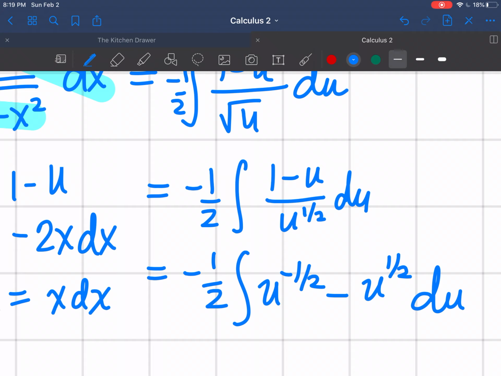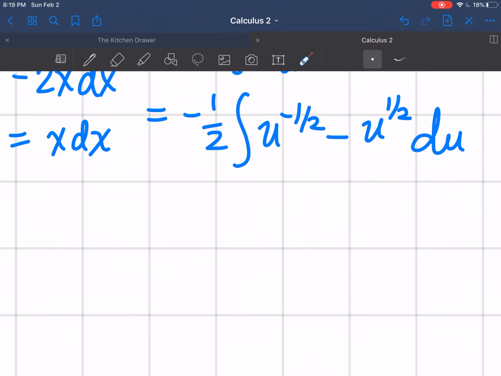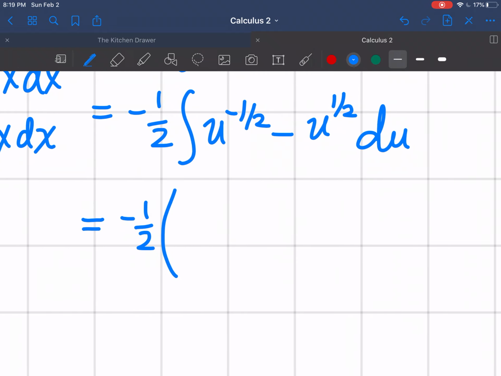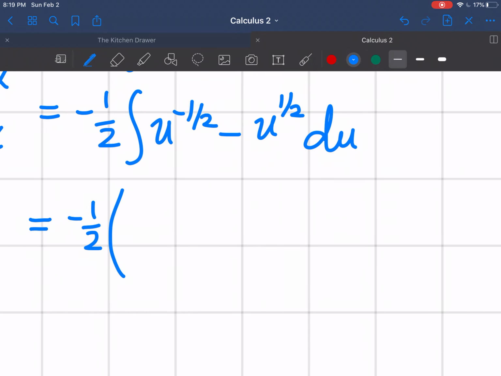So this integral is now just the power law, right? Because these powers here, fractional powers, we can just use the power law on that. So working it out, we're going to get negative 1/2. And the way I like to work this out, you have a big parentheses, u to the negative 1/2, what do we do? We add to the power.